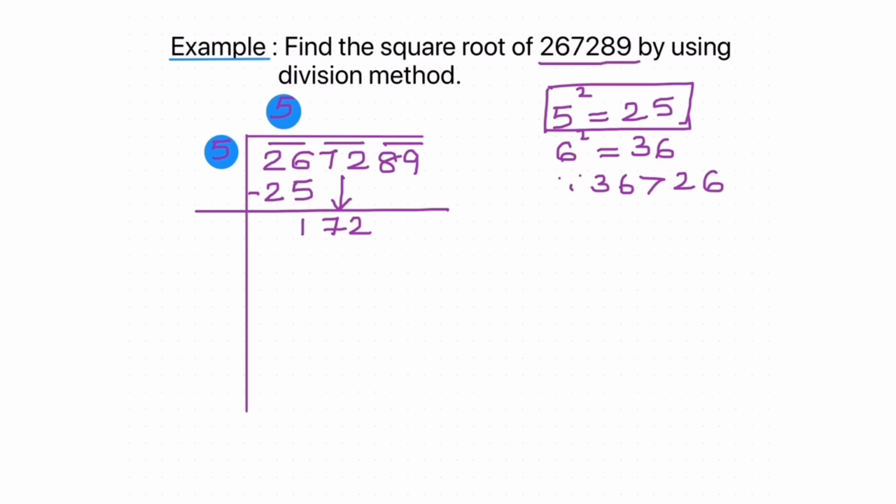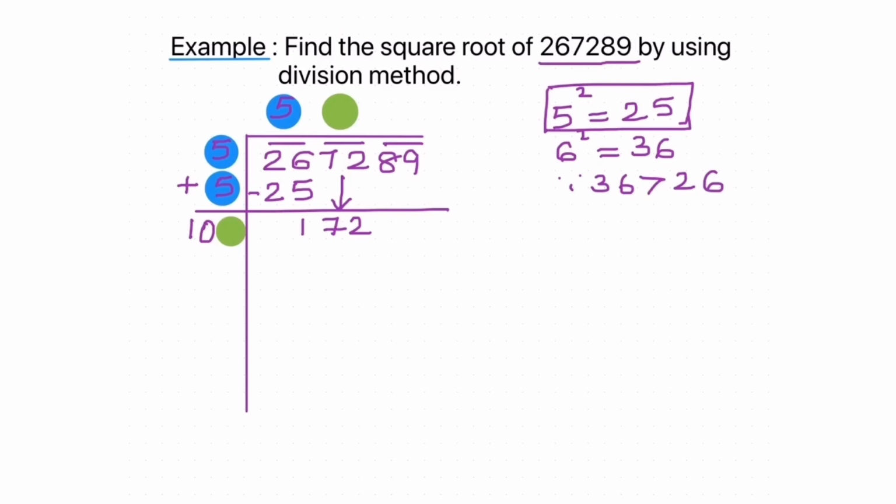Next, to find the new divisor, write the first quotient just below the divisor. Here, we will write 5 and add. 5 plus 5 is 10. Next, we will find the largest possible digit that can be written next to 10 here, and the same digit we will write even in the quotient here.